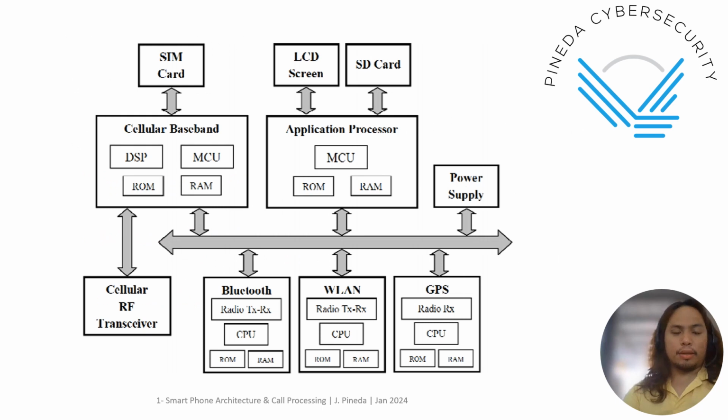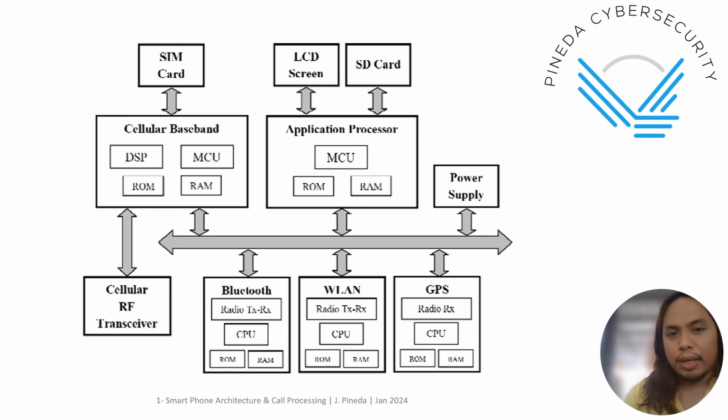All right, so let's look at the standard architecture for smartphone. So you have your cellular baseband on your left. Okay, so this is where we have an interface with the SIM card. We insert it, and it's responsible for your voice, SMS, so transmission of communication here, and then you have your application processor on your right.